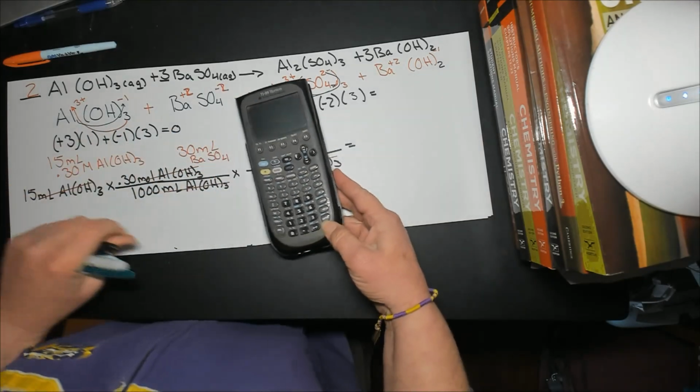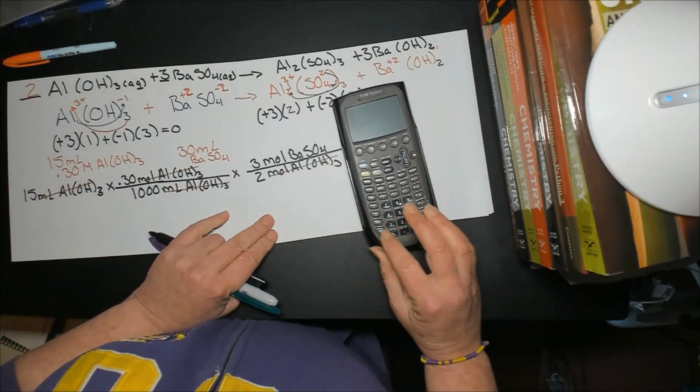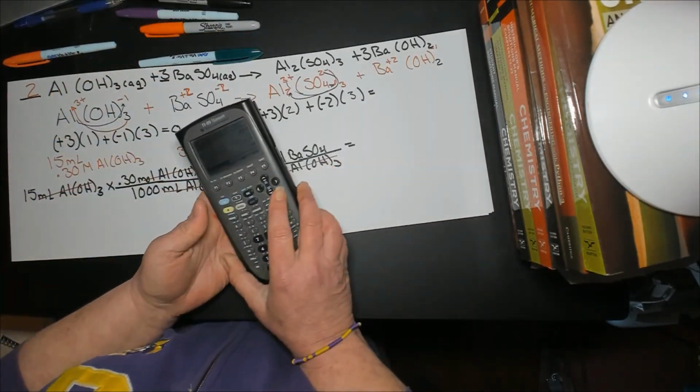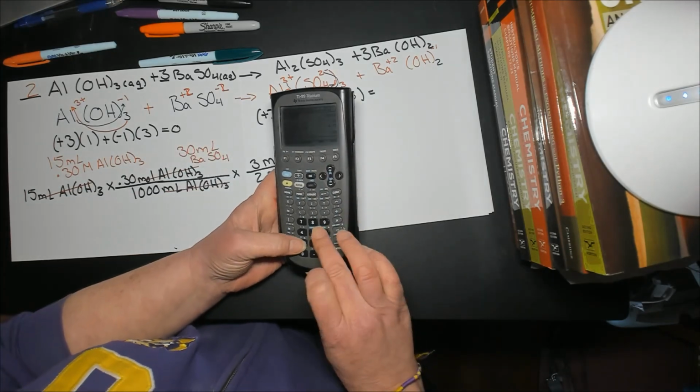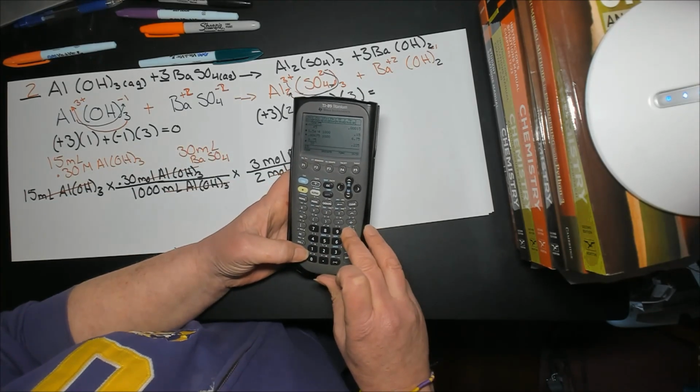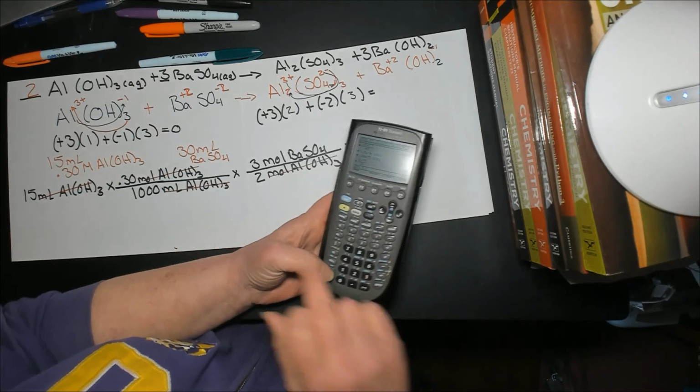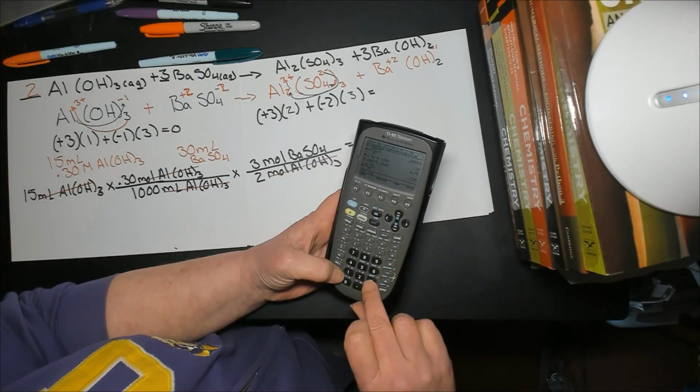So my trick with my calculator here is to put everything in on the top. So I go 15 times 0.3 times 3.